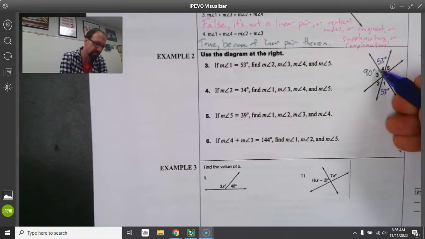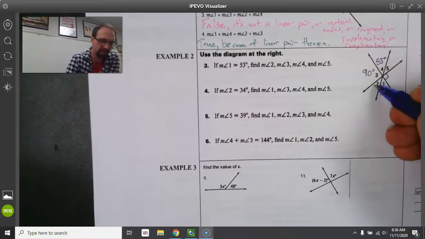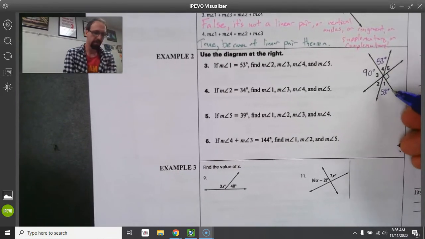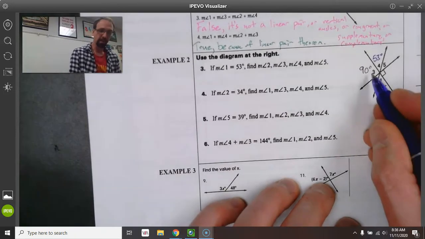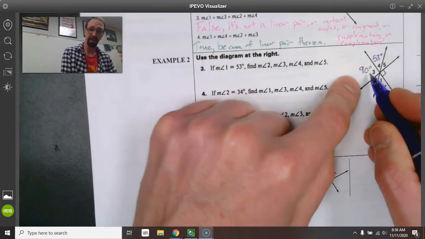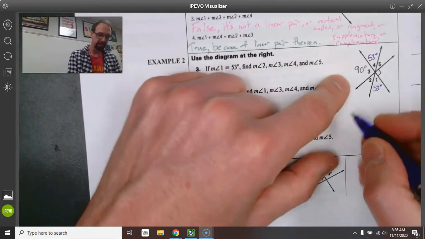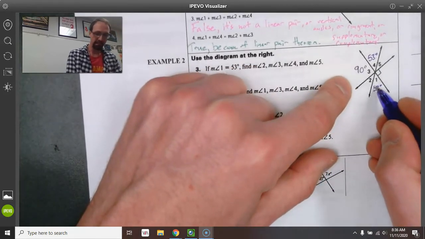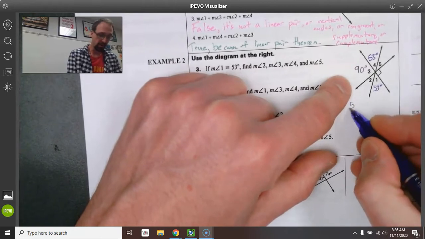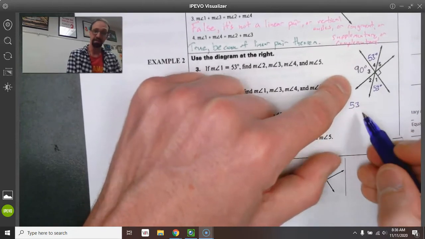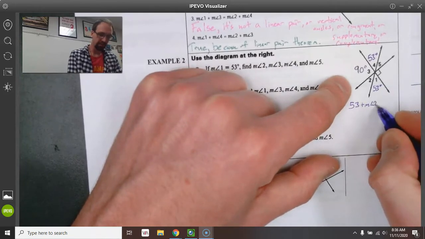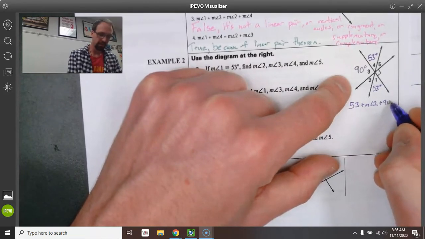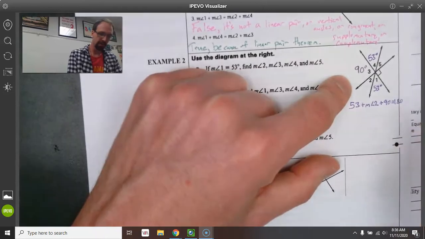So I'm going to approach this by saying the measure of angle 2 plus the measure of angle 1 plus the measure of angle 3 equals 180 degrees. But instead of writing the measure of angle 1, I'm going to write what the measure of angle 1 actually is in degrees. So 53 plus the measure of angle 2 plus 90 equals 180.